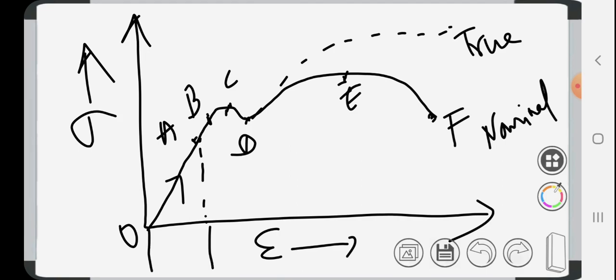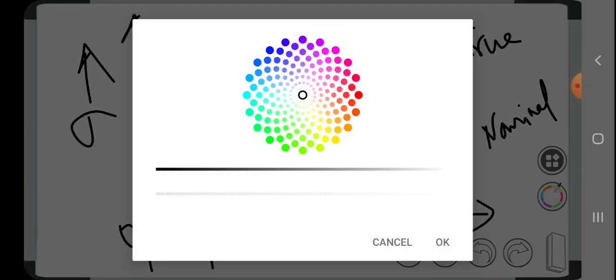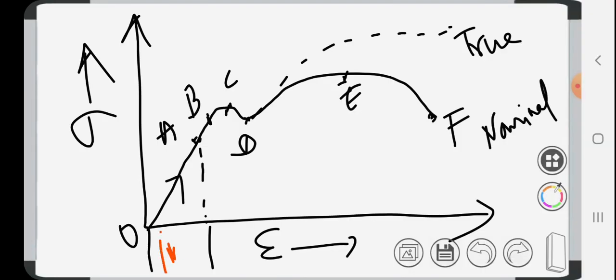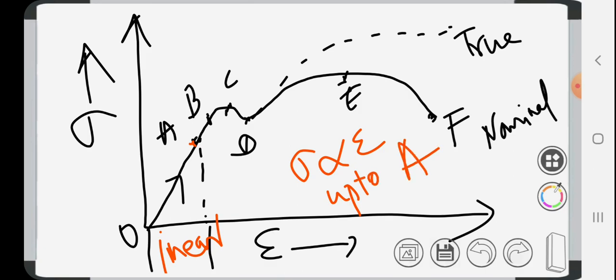So this range is linear, right? Linear means sigma is directly proportional to strain. So up to the point A, sigma is proportional to strain. That means Hooke's law is valid.